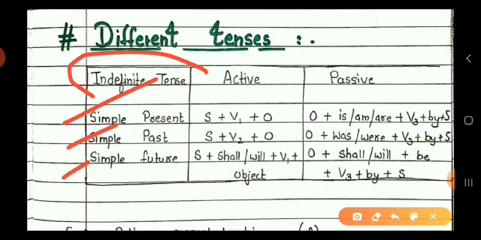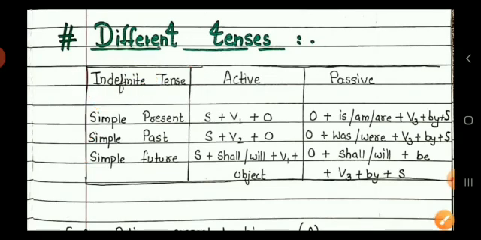Always we have to use first form, right? In past tense, second form, and in future it is very simple to learn because will or shall is there along with the first form of the verb, as it is written in the column of active voice.